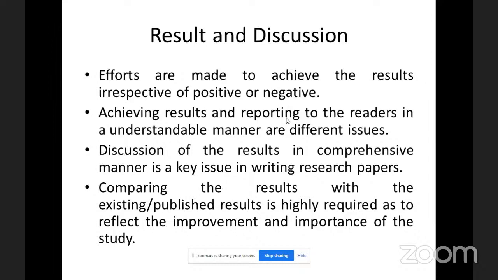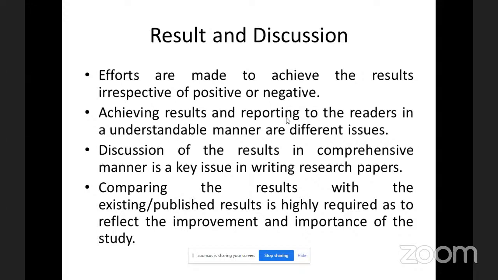So while you are representing your results, all the data which you put in the results and discussion section should be self explaining. It should be clear. If the reviewer sees it, he easily understands that, okay, these are the results you are getting by this particular method. This much improvement will be there, 10%, 20%, or 5%, and this will be the advancement compared to other techniques. Clear? So self explanation of the results is a very important thing here.